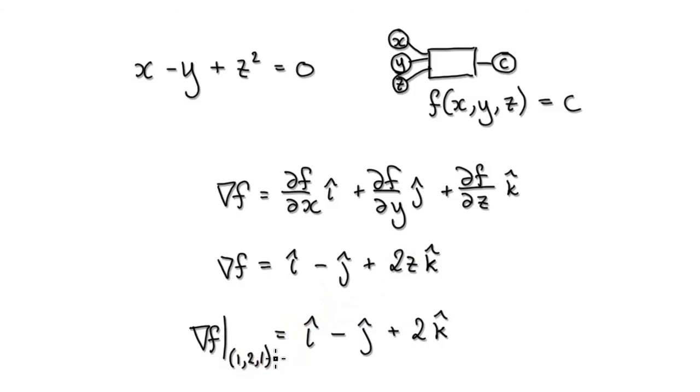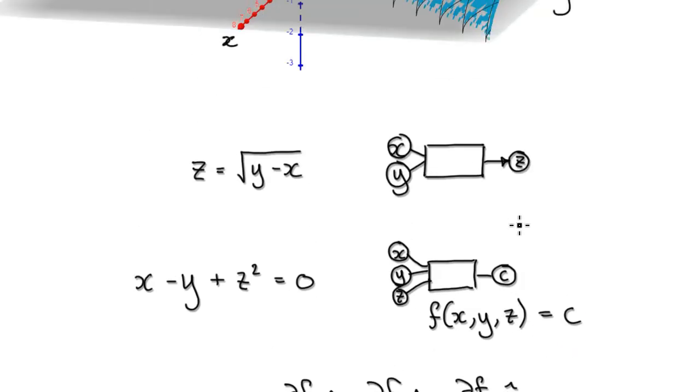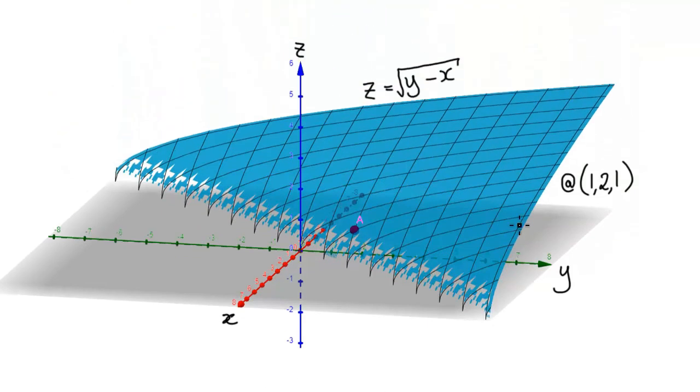So your vector is (1, -1, 2). That's the vector that shoots straight out of that surface at that particular point.